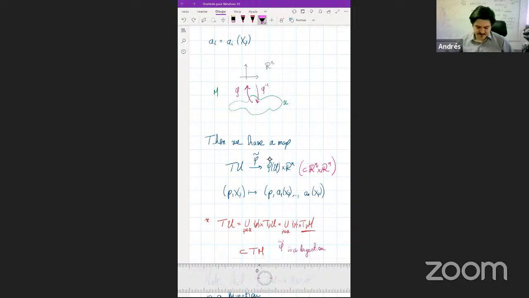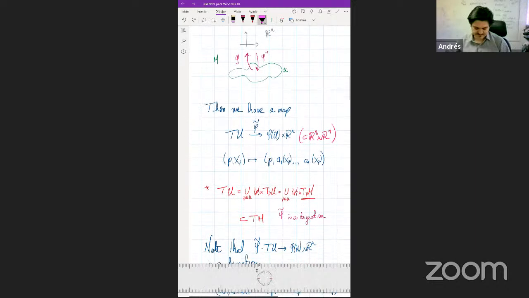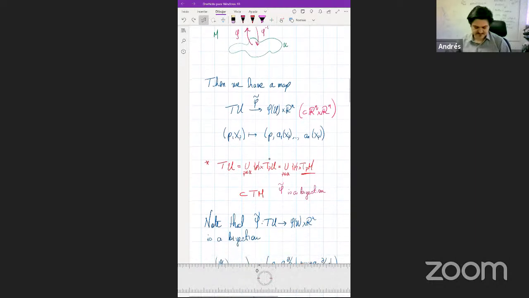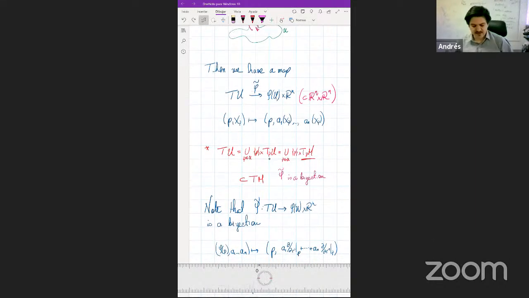So I care about the tangent bundle TM, and I managed to have a subset which is homeomorphic to an open set in Euclidean space. So again, I'm putting here the function that we have.